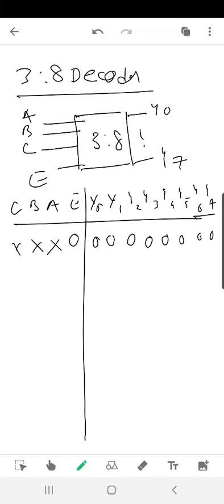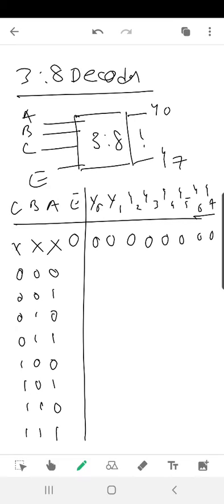We will have combinations from 000, then 001, 010, 011, 100, 101, 110, and 111. So we will have 8 different combinations, and for all these combinations the value of enable should be 1.